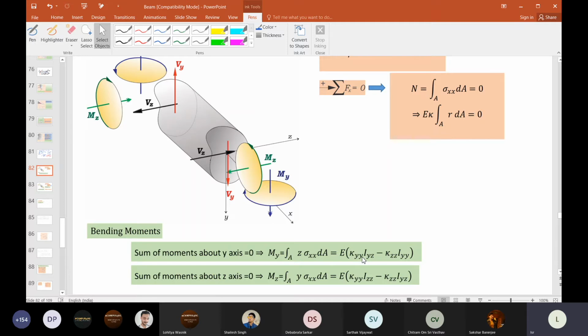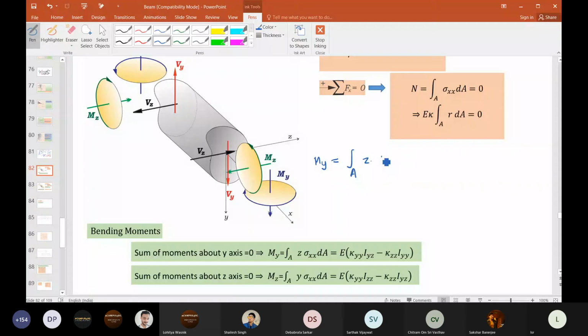So if you multiply, we will do that longhand. My is the integral of z into sigma xx. Sigma xx is what?